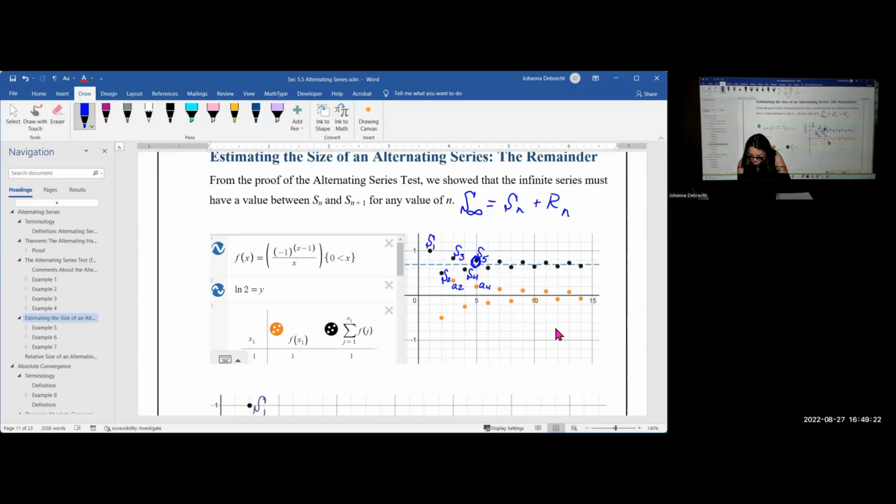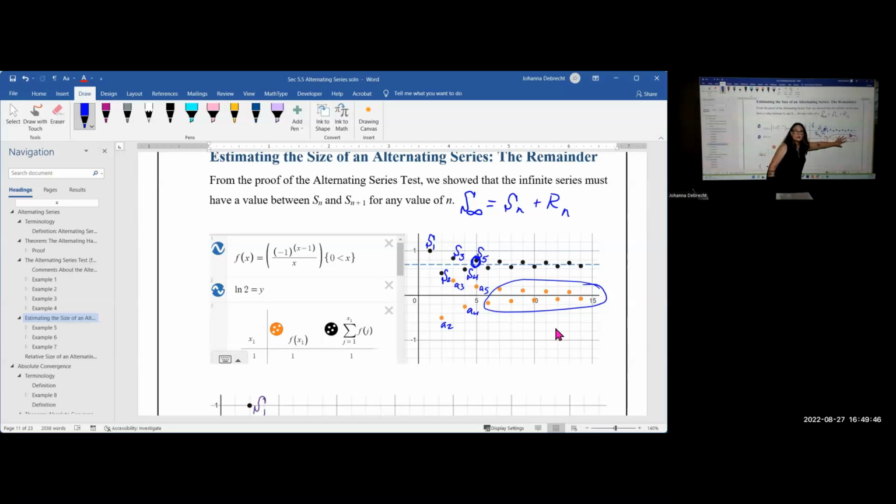I must have eliminated it off of my screen. Is that right? Because the first one would be positive. Yes, the first one would be positive. So this is actually A2, A3, A4, and A5.